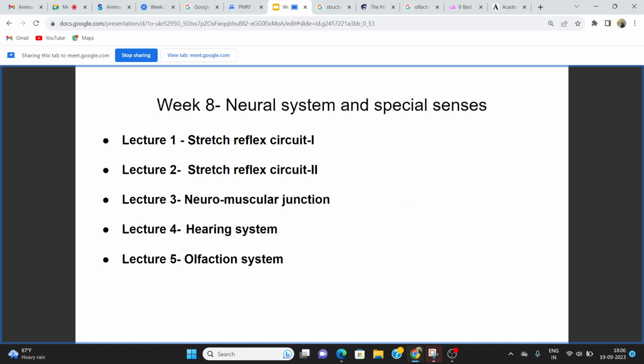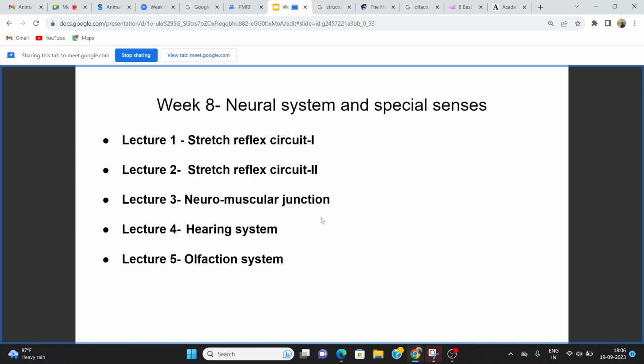So, last week again it was mainly neural system. Do you remember what we were discussing in week 7? Regarding the neuro diseases mainly. What all disorders we discussed? Parkinson's, Alzheimer's, then ALS.